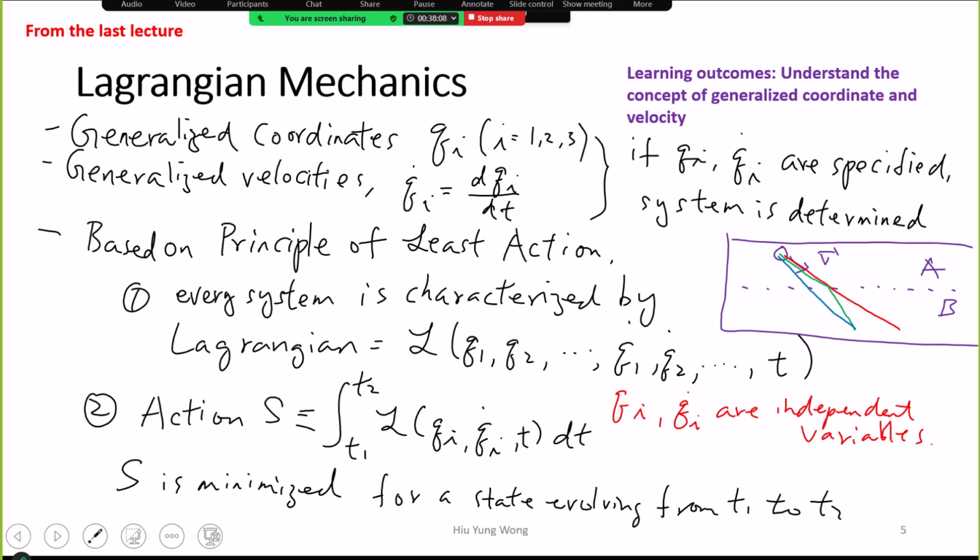So I need to know x1, y1, z1, and then x2, y2, z2, right? For particle 1 and particle 2. So I have 6 coordinates, but I can rename them. I just call them q1, q2, q3. Maybe this is the x, y, z for the first particle, and then q4, q5, q6 for the second particle, the x, y, z of the second particle.